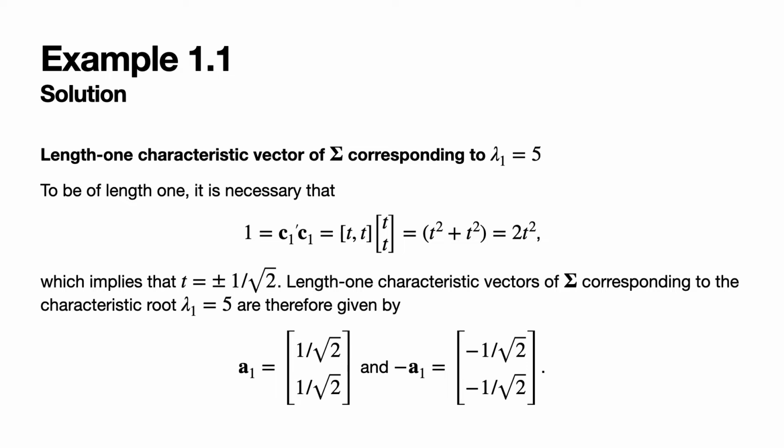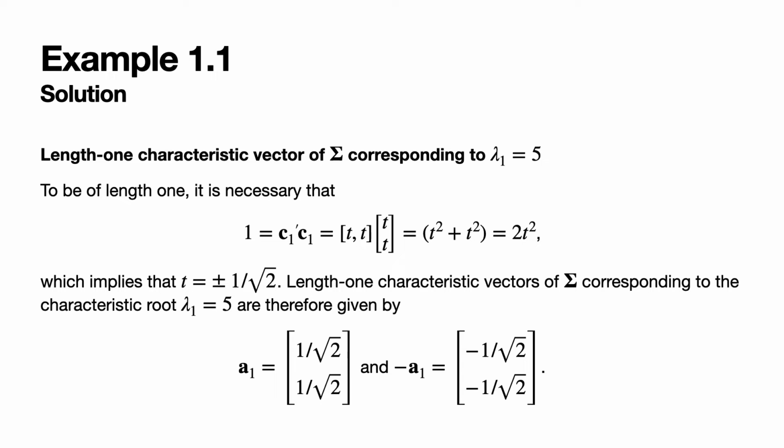If the length is 1, then the squared length is 1 as well. Now, the squared length of C1 is equal to C1 prime times C1. So to be of length 1, it's necessary that 1 equal C1 prime times C1. And when you carry out that inner product, that's equal to 2 times t squared.